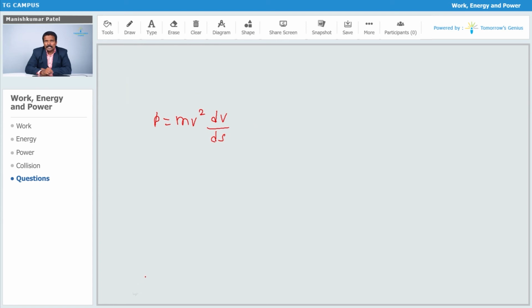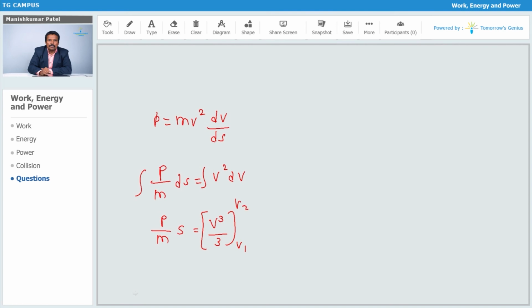Let's see what we can do further for this particular case. This is P upon m into ds, and this is v square dv. Taking the integration on both sides, P by m into s equals v cube upon 3, with the limits from v1 to v2 for this particular case.